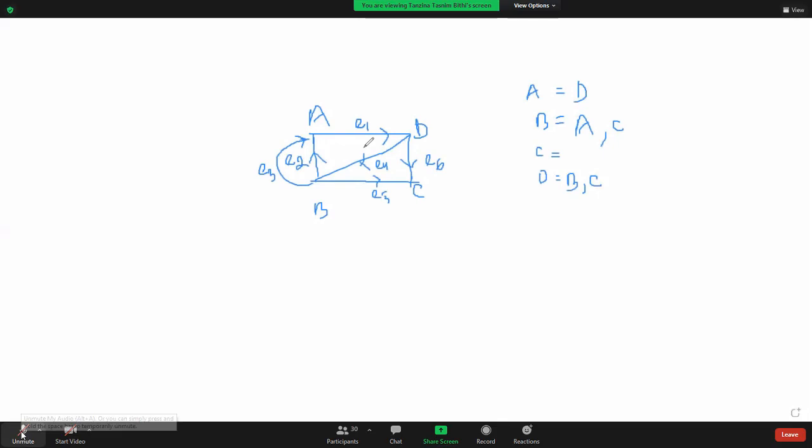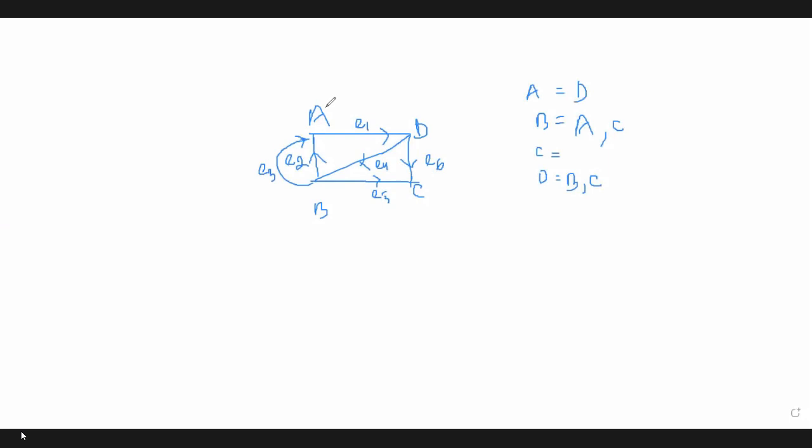Okay, so for an undirected graph, we can easily find out the degree. We just have to find out how many nodes are connected to that node, then we can calculate the degree. But what about this directed graph? Now here each node can have two types of degree.